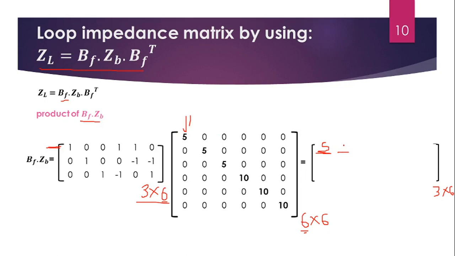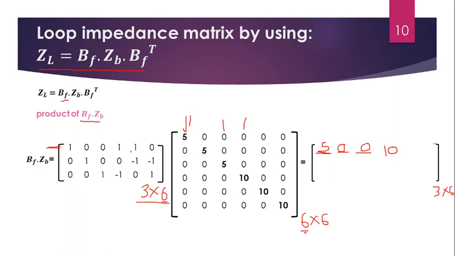All are 0. First row, third column gives the third element. Again it is 0. First row, fourth column: 1 into 0, 0 into 0, 0 into 0, and 1 into 10, we are getting 10.